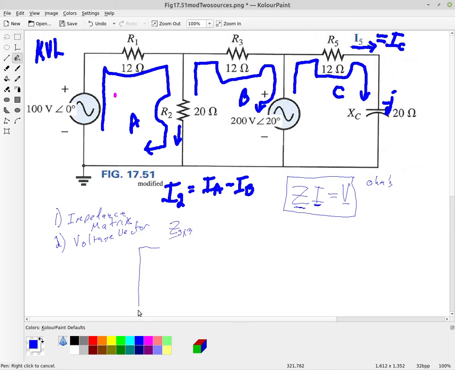I'm not quite sure if I can fit it all on here. I may have to slide up the screen a little bit, but I'll try to squeeze it on here.